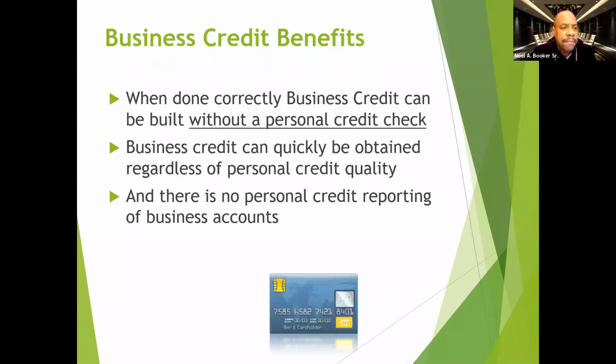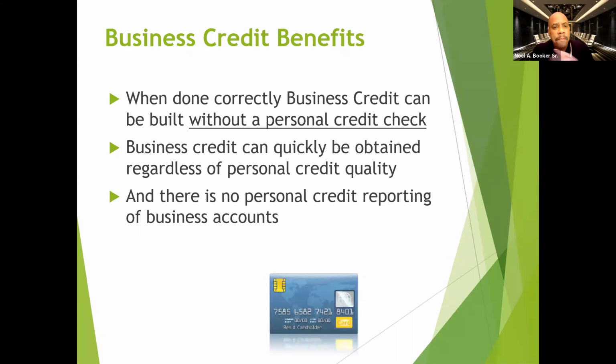When done correctly, business credit can be built without a personal check or a personal guarantee. When done correctly, mind you. Business credit can quickly be obtained regardless of personal credit quality. And there is no personal credit reporting of business accounts.